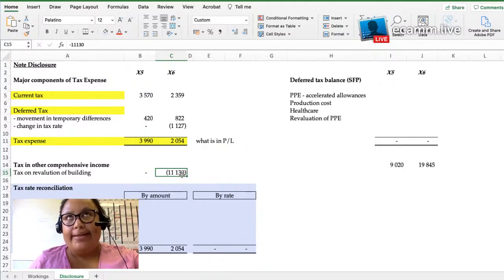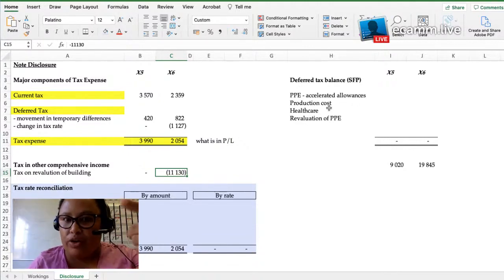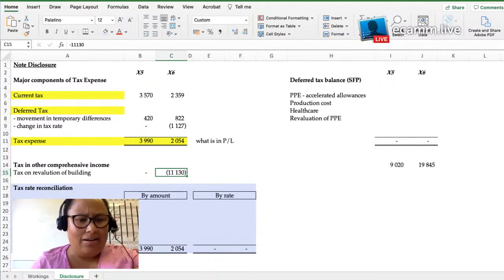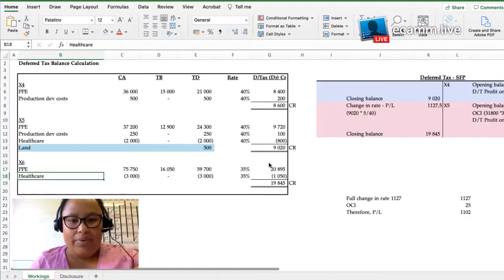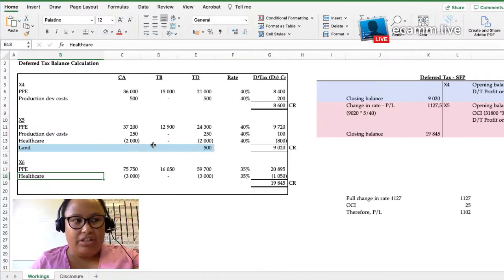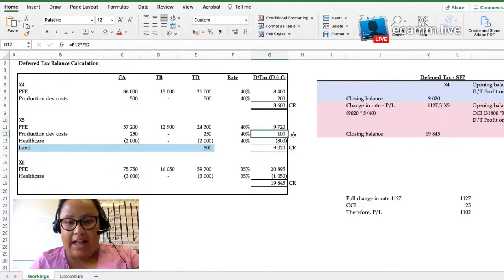So now the question is, which numbers do we pull in here? And the nice thing is that we've actually already calculated these numbers in our calc over here. So we go back and let's look at the production development costs. In X5 we had 100 deferred tax.